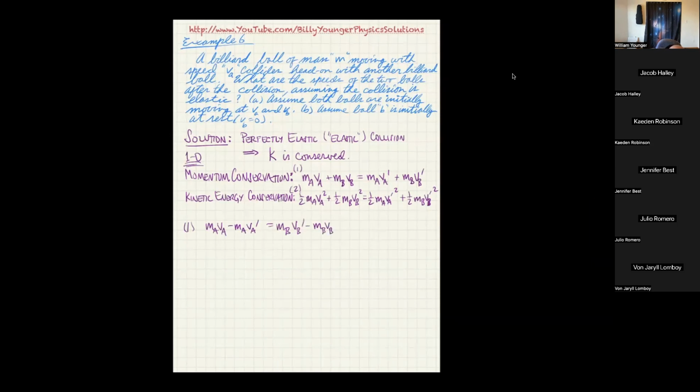I can make this a little better by writing this as MA times (VA minus VA prime), and this one as MB times (VB prime minus VB). Okay, let's call this equation 3.